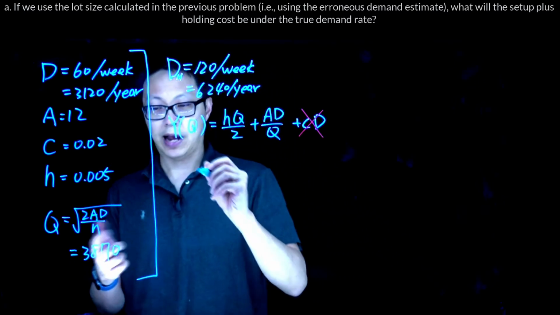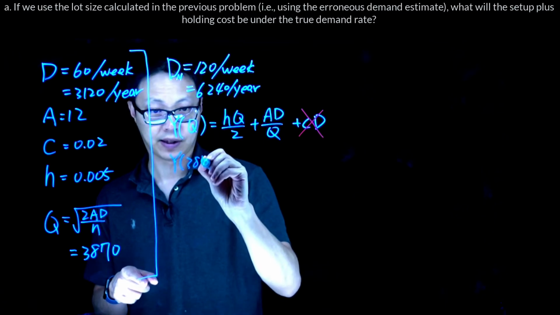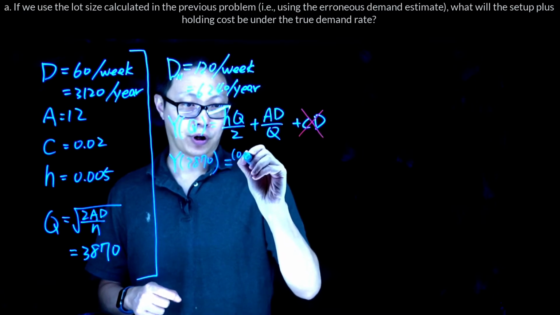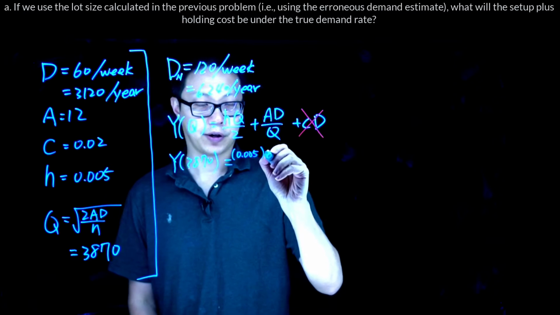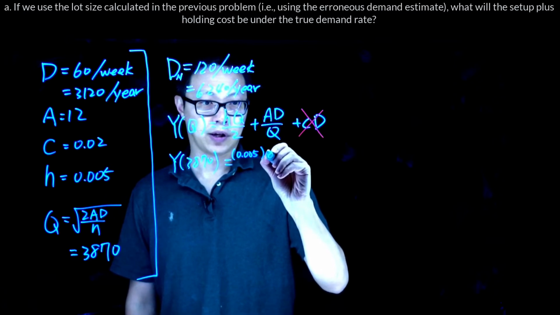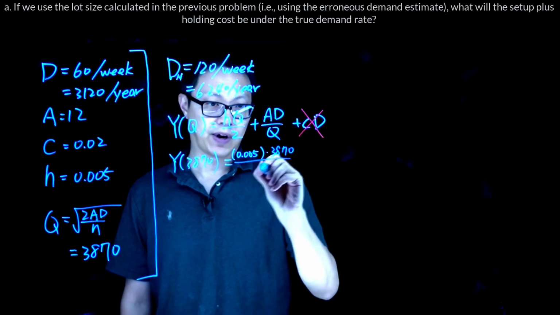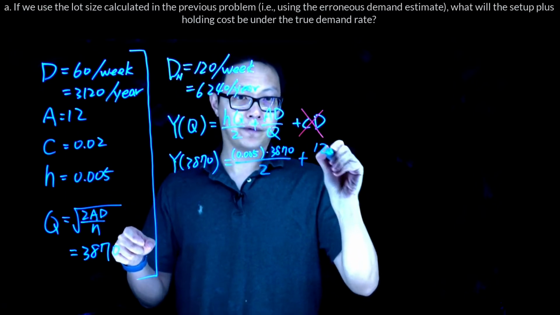And now I know my order quantity will be 3,870. H will be 0.005. My Q here will be 3,870 divided by 2, plus A will be 12.